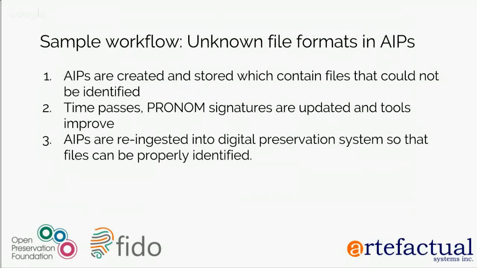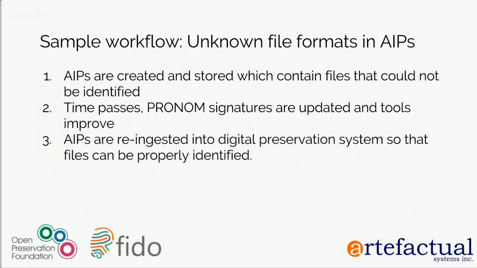I would suggest, of course, as I've mentioned, that one of the best ways to make these files, quote-unquote, identifiable in the future would be to submit samples to PRONOM whenever possible, just so that we can make the database more comprehensive, and then those files would hopefully be identified by Fido or Siegfried or Droid in the future.